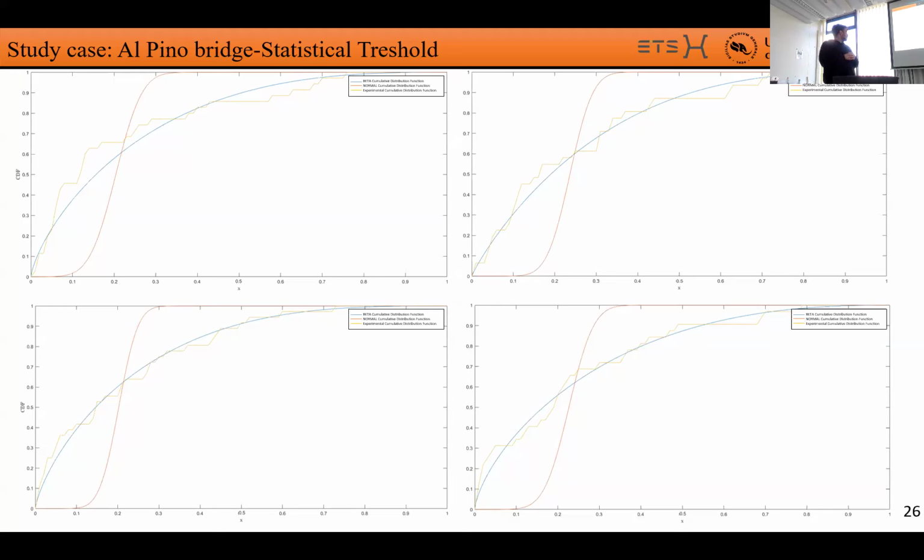The orange line is a normal CDF, while the blue one is a beta CDF. So here we have 4 different plots from different records. And as you can see here, in every case, the best fit is the beta distribution. So I decided to use that one.